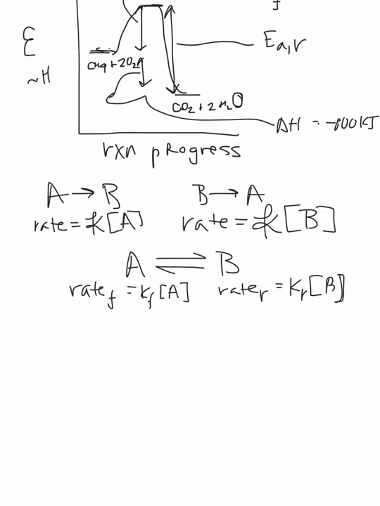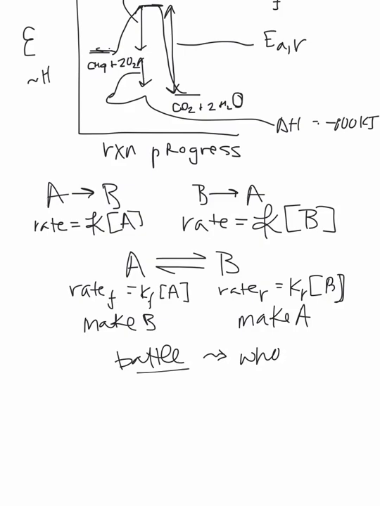So in our chemical reaction, the rate of the forward reaction is equal to the rate constant times the concentration of A, whereas for the reverse reaction, the rate is equal to the rate constant for the reverse reaction times B. So ultimately, our forward reaction is going to be working to make B, whereas our reverse reaction is going to be working to make A. Ultimately, it's a battle between the forward and reverse reaction, with the decision of who is faster.